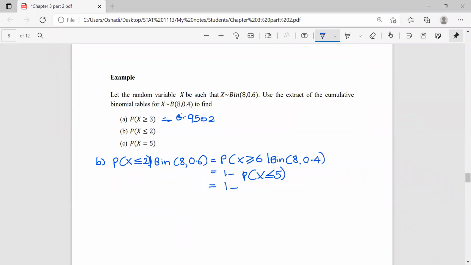So it is 1 minus 0.9502, which is equal to 0.0498. Right?